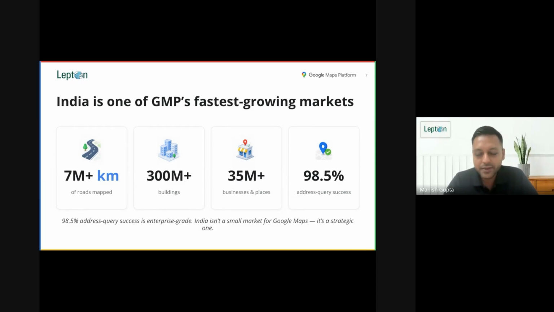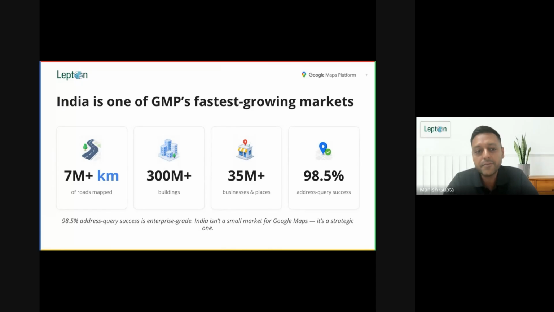India has been Google Maps Platform's fastest growing market. As per the records, 7+ million roads have been constructed, and I think almost every road is mapped by Google. There are 300+ million buildings, more than the total number of buildings in many full countries.